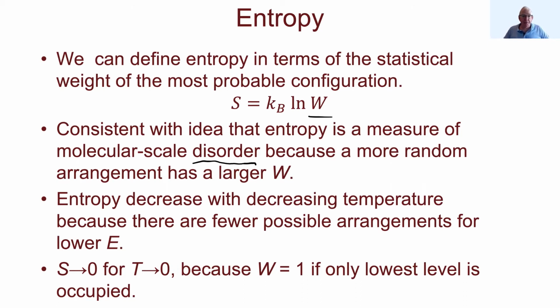We know that entropy decreases with decreasing temperature, because there are fewer possible arrangements at lower energies. We know that we want entropy to go to 0 at 0 temperature. That's the third law of thermodynamics, which says the entropy of an ideal, pure, perfect crystal of any substance at 0 Kelvin is 0.